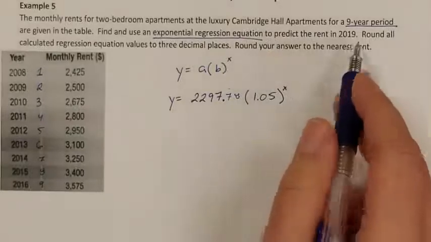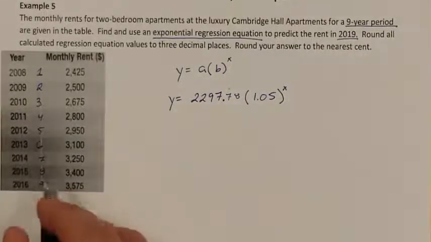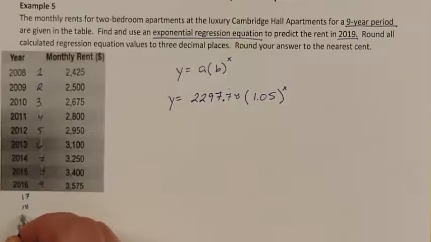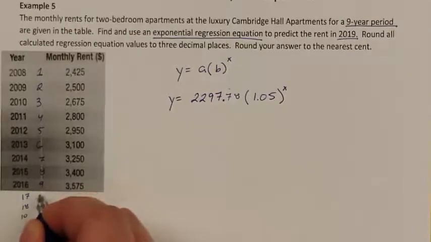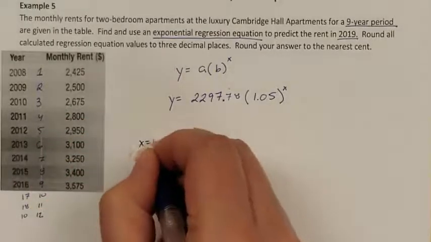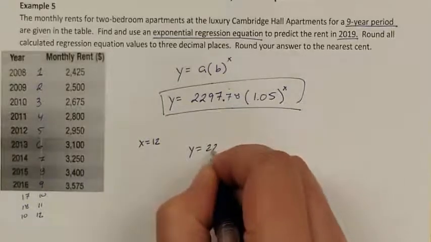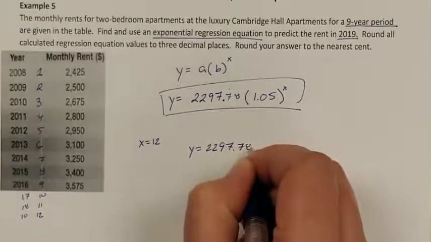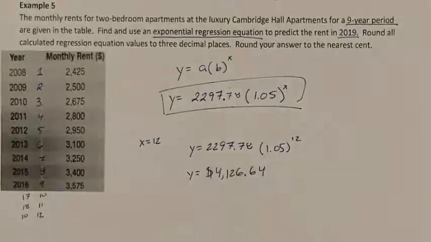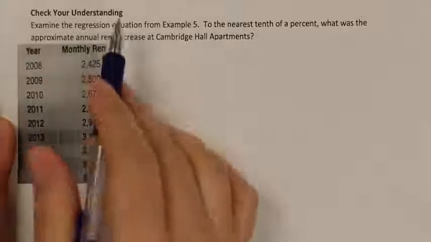Then it's asking me for the year 2019. So if this was 16, I know that 17, 18, 19 would have been year 10, 11, 12. So I'm looking for an x value of 12. Plugging in an x value of 12, I found y to be $4,126.64.